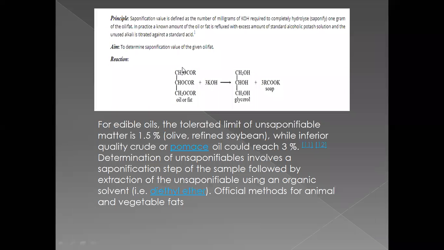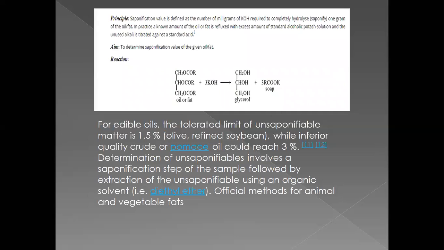Now our second characteristic property is saponification value. Already we have discussed the definition. Saponification value is defined as milligrams of potassium hydroxide required to saponify 100 gram of fat and oil. So they are going to form the soap. The reaction is the same in both cases.